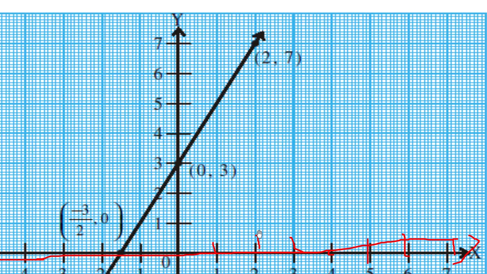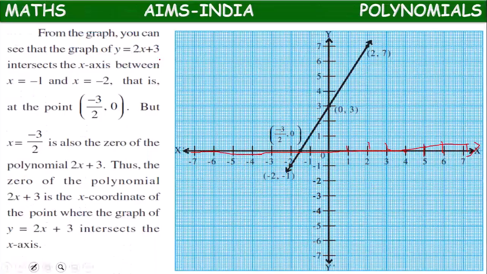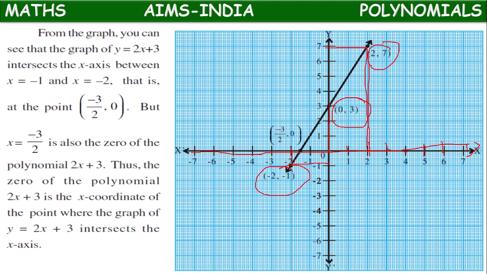The third point is 2, 7: x value 2, y value 7. This is 2, 7. This is minus 2, minus 1. This is 0, 3. Like that, we have represented the 3 points on the graph.